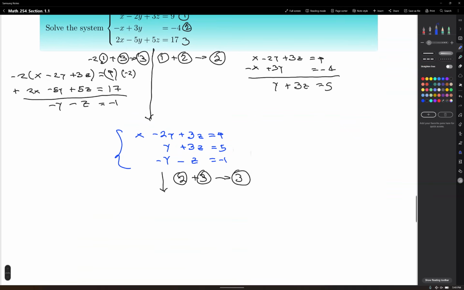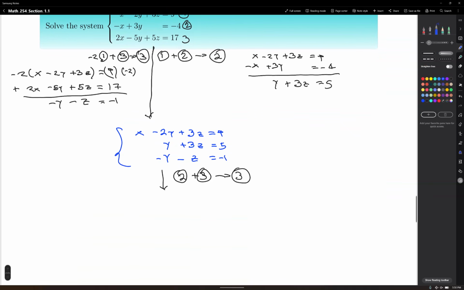So let me do that operation on the side. So that'll be y plus 3z equals 5. Negative y minus z equals negative 1. Adding these two together, 0, 2z, and 4. So I'm going to rewrite the system back in blue.